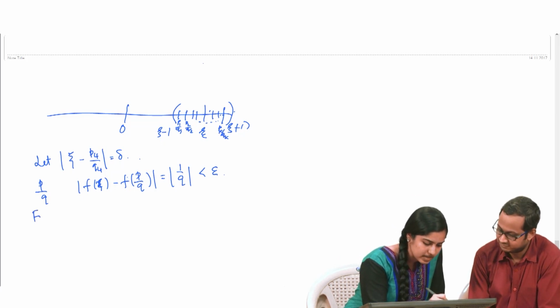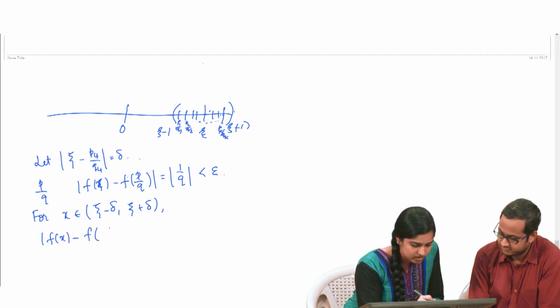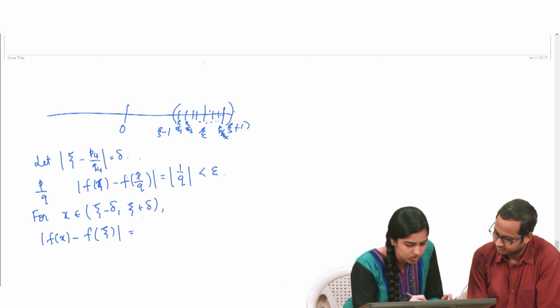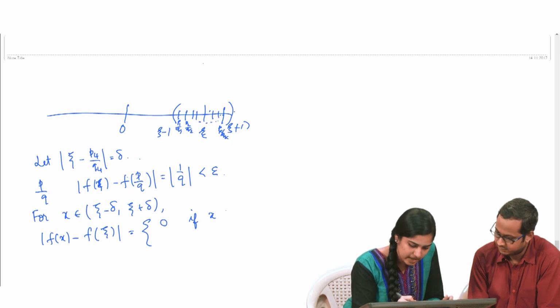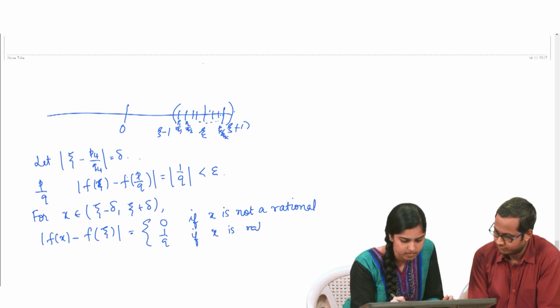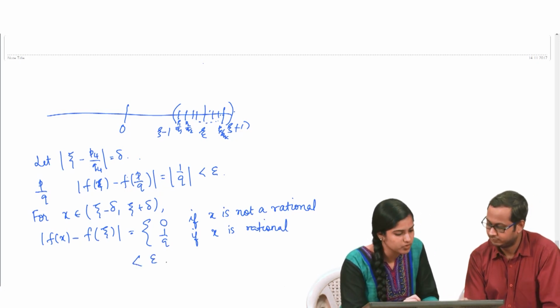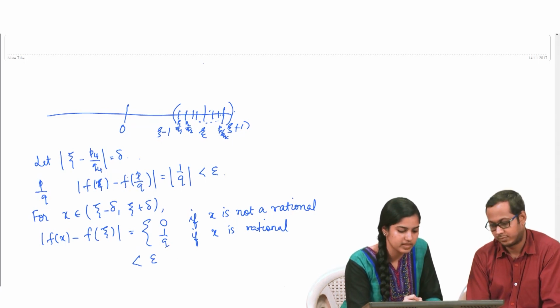So now for any x in the neighborhood xi minus delta to xi plus delta, we have modulus of f of x minus f of xi is equal to either 0 if x is not rational, or 1 by q if x is rational. This is anyway less than epsilon. So this proves that the function f is continuous at all the irrational points.